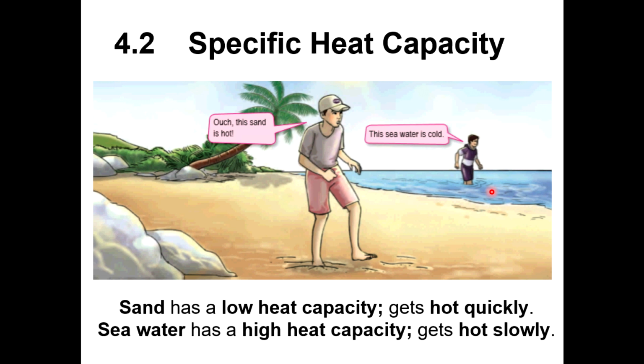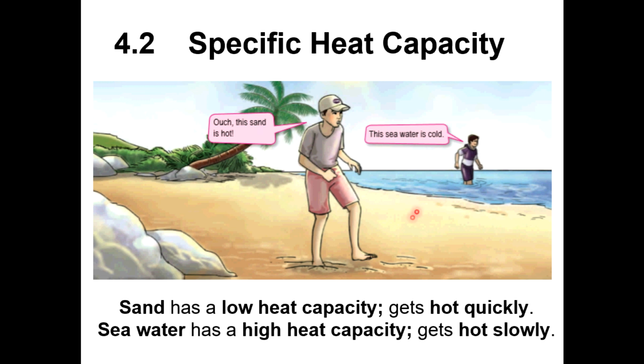Okay, so today we continue chapter 4, heat, 4.2 specific heat capacity. The picture here shows two different situations. The sun heats the sand and the seawater at the same time, but the sand is hotter compared to the seawater. So what is the reason behind this? This can be explained by the concept of heat capacity.